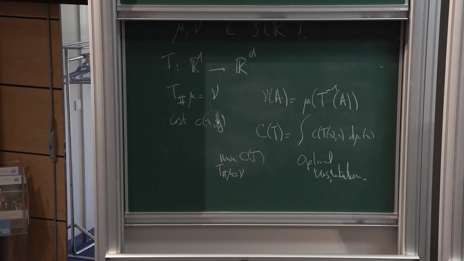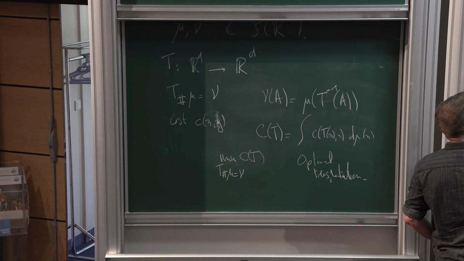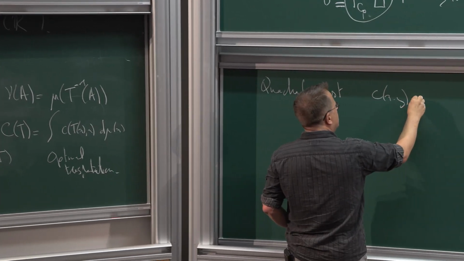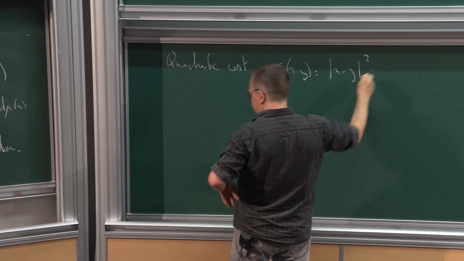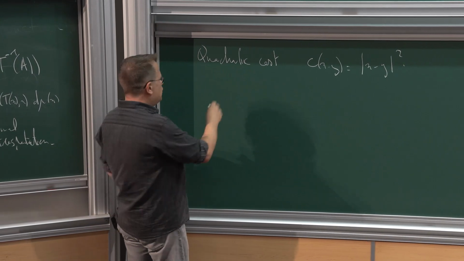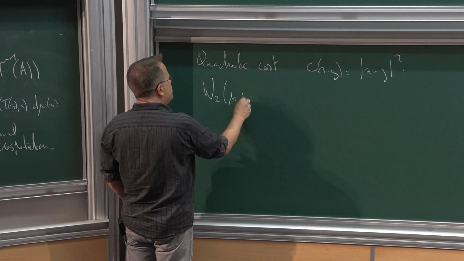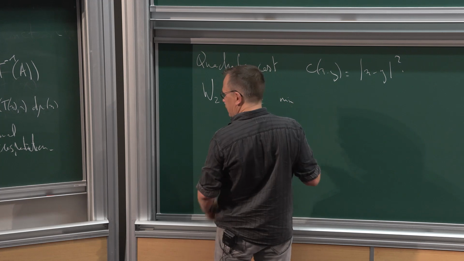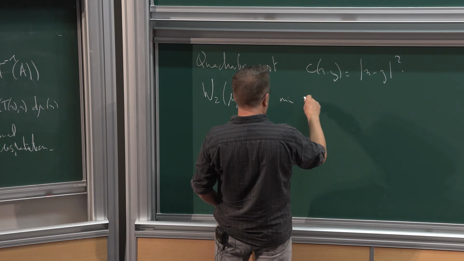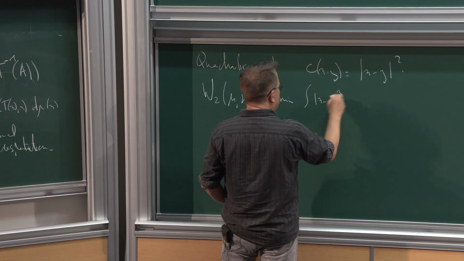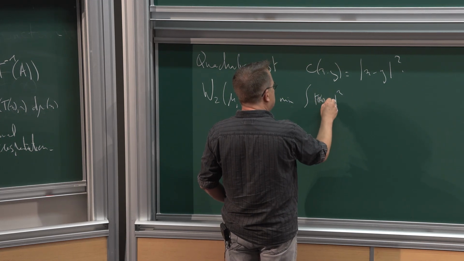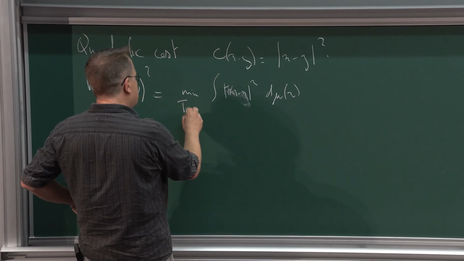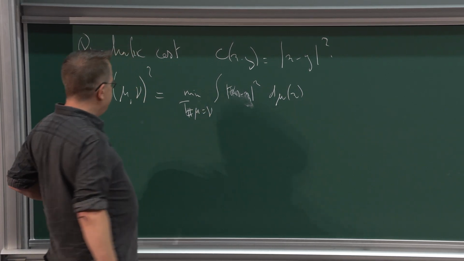If you consider quadratic cost C of x and y equal to |x minus y| squared, you can define what is called W2 squared of mu and nu. That is, by definition, a minimum, because at least under some assumption it is actually reached, of the integral of |T of x minus x| squared against the measure mu, over maps T such that T sharp mu equals nu.